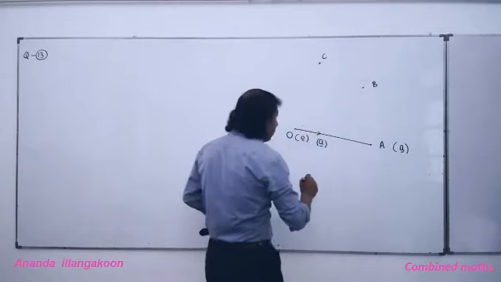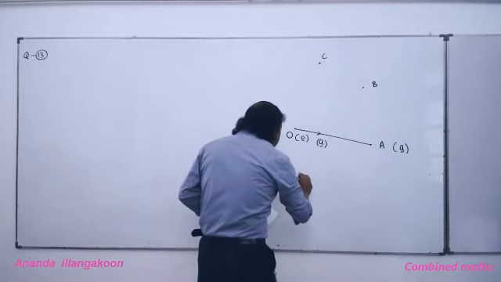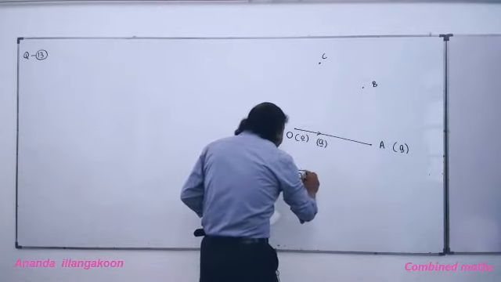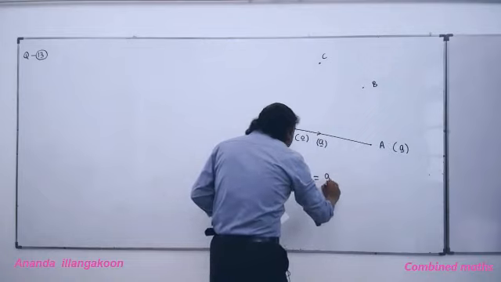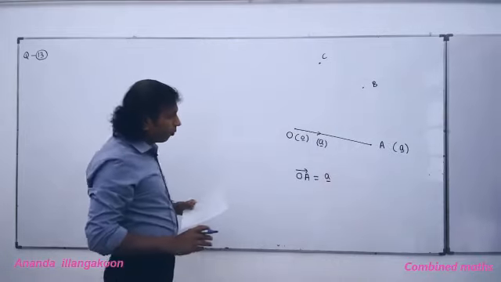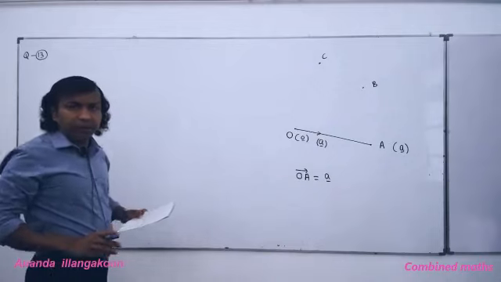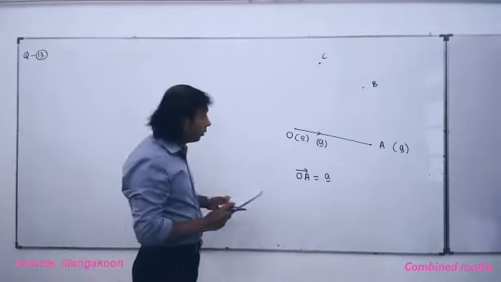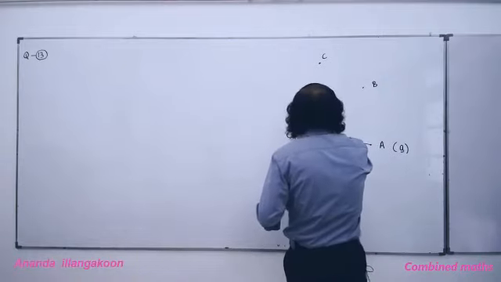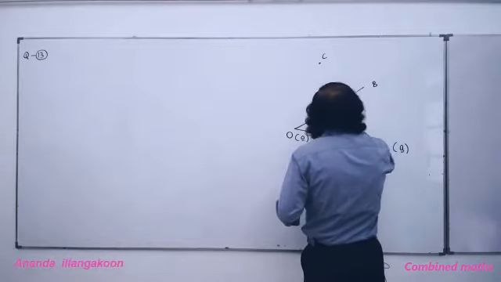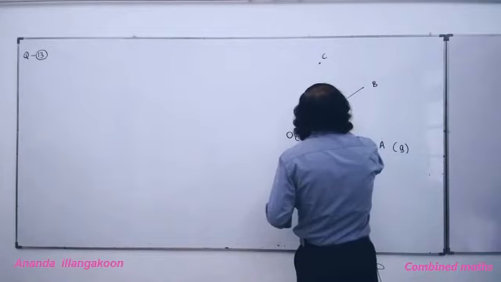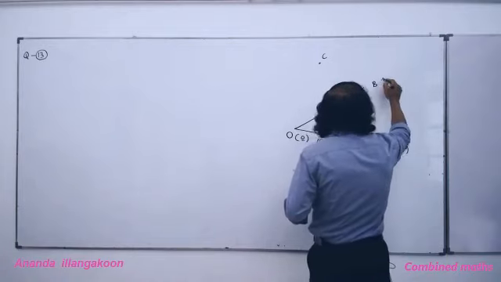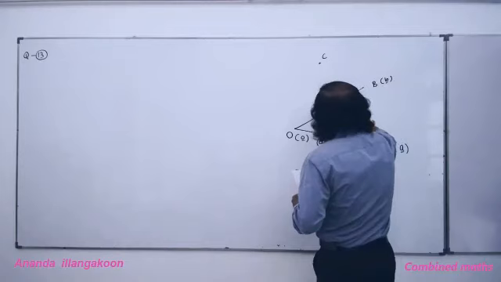So the OA vector is defined as the position vector of point A, termed simple A vector. And that of B, this way, is simple B vector, and this is simple C.